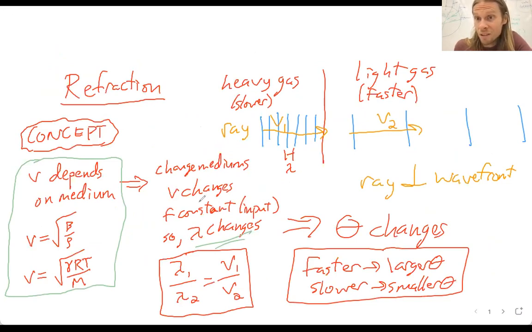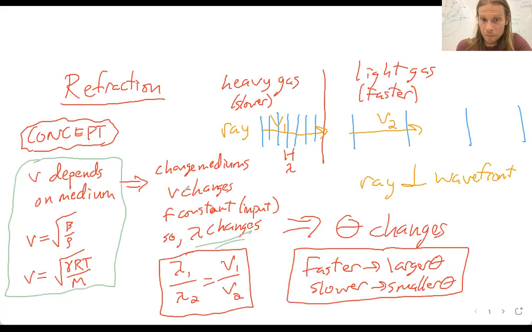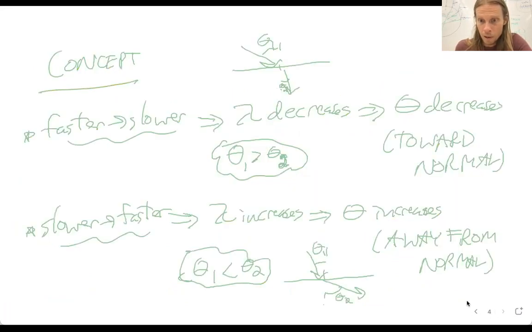This is for all waves. Sound is a wave, so it does this. Light is a wave. We're going to see completely different physics here, but it has the same result conceptually. But we have to be careful of where it's fast and where it's slow because it's completely different from sound. Anyway, there we go.